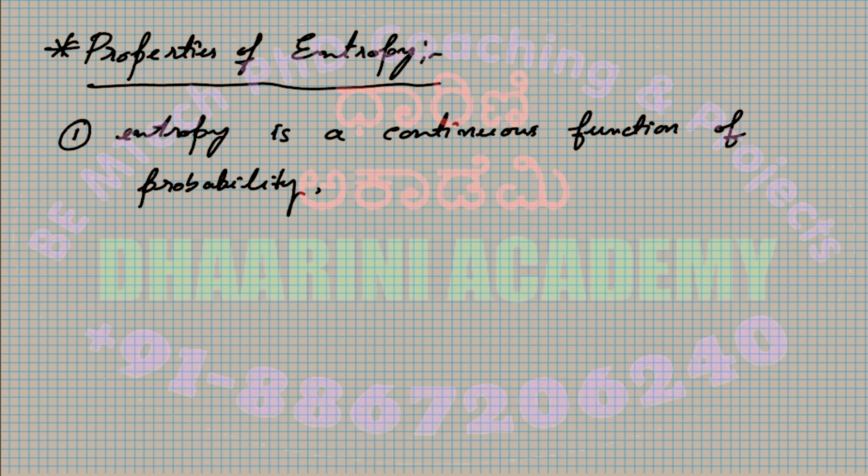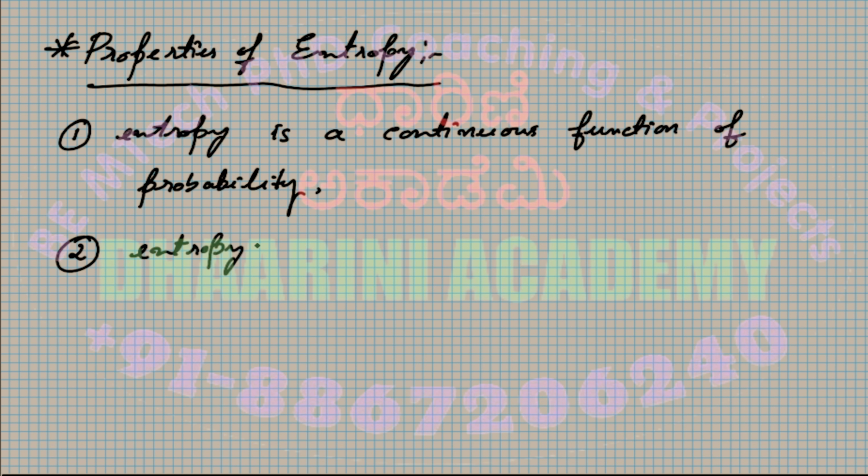Okay, so let's go to the second property. Let's list out the properties first. The second property is that entropy will be a symmetric function of the arguments. We'll verify this later when we solve some problems. Entropy is a symmetric function.